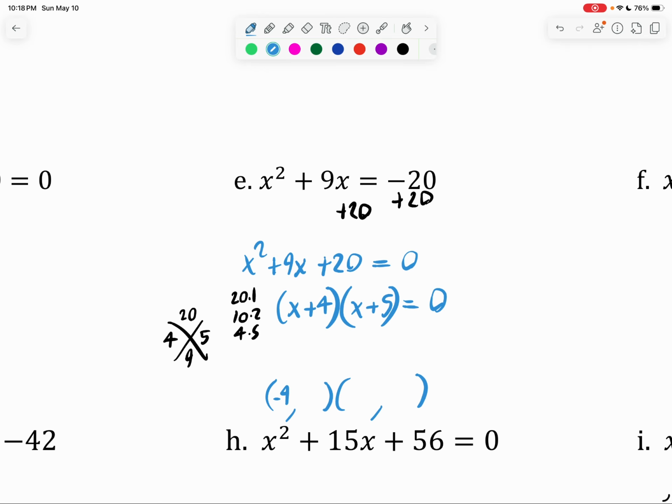You could just write out -4, 0 and -5, 0. I know that because x is what I'm looking for, and it's x plus 5 equals 0. The only way that you get 0 when you add 5 to a number is if that number is -5. Speaking of which, negative numbers are integers.